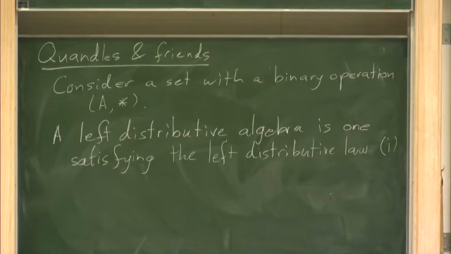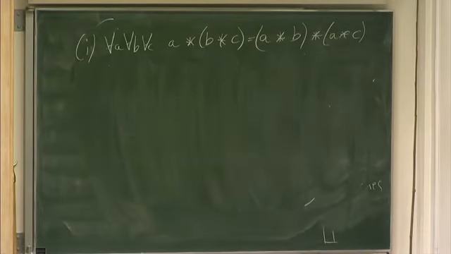That's just that A star (B star C) equals (A star B) star (A star C), for all A, for all B, for all C. This distributivity over itself might feel like an unusual algebraic axiom to deal with, but actually there are a few examples of these sorts of things around. The first case is if you take a group with a conjugation operation.